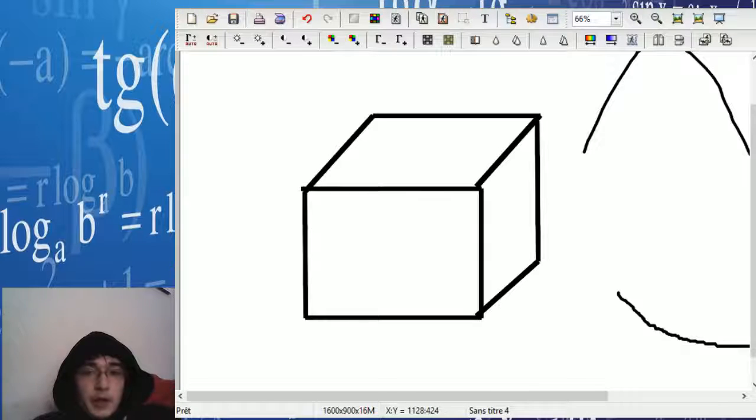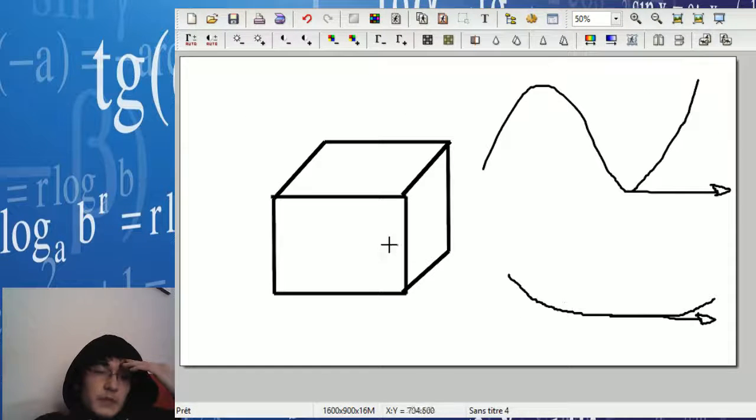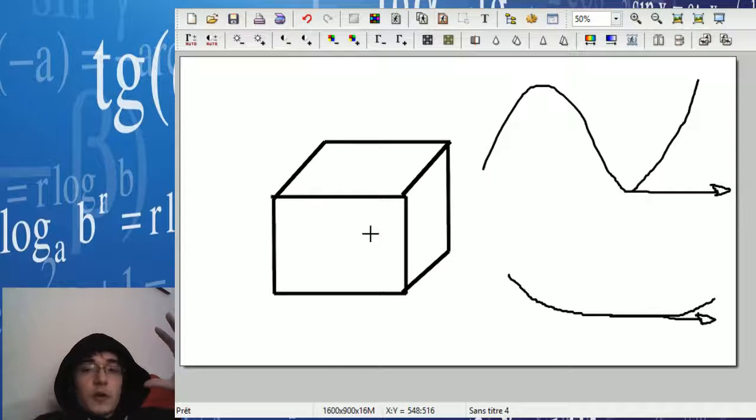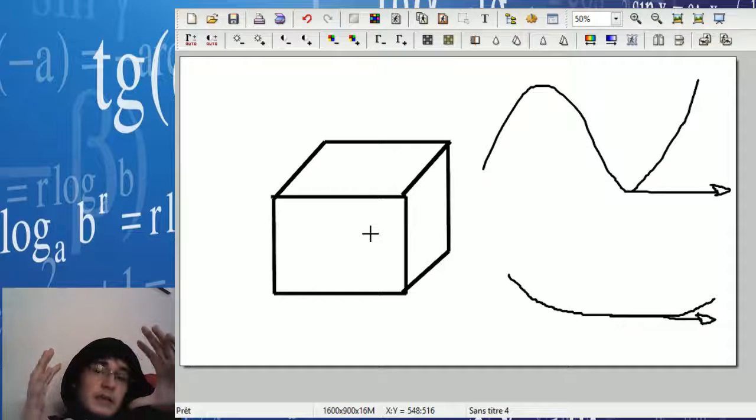We'll give it a density, which you often call mu. So it's mass per unit of volume. It's how compact the thing is in terms of molecules.